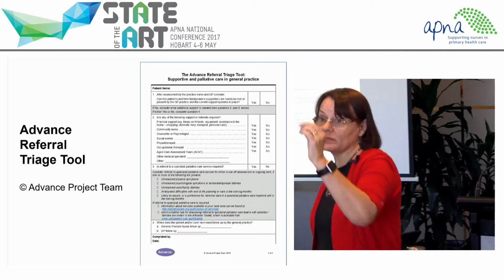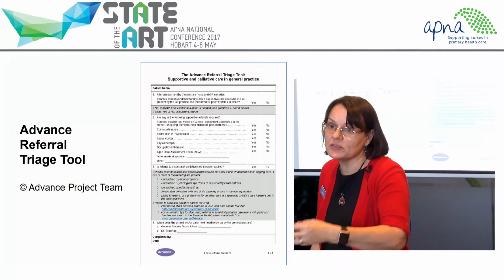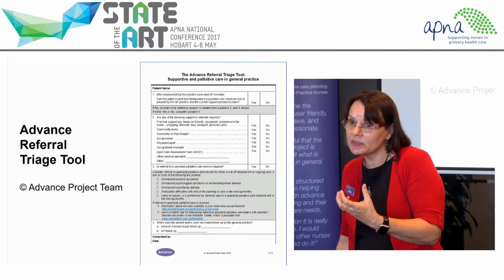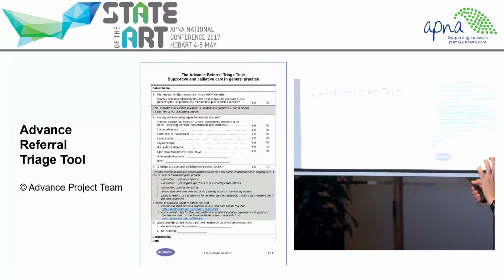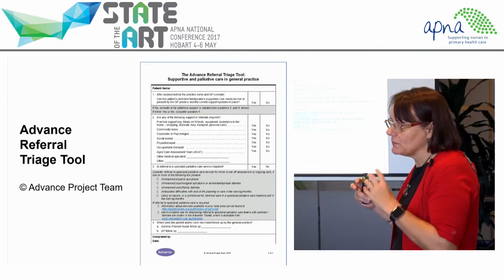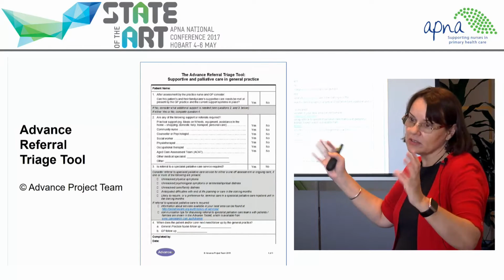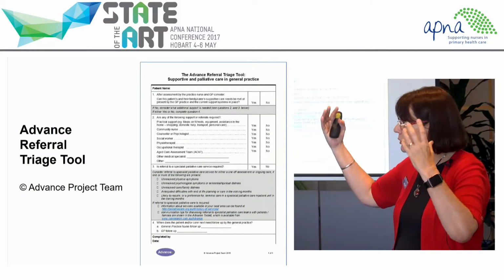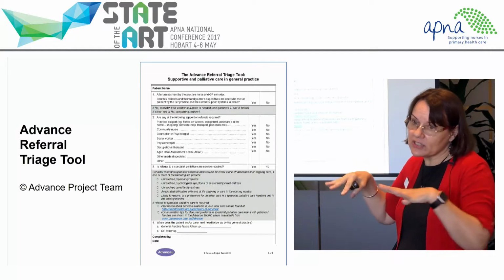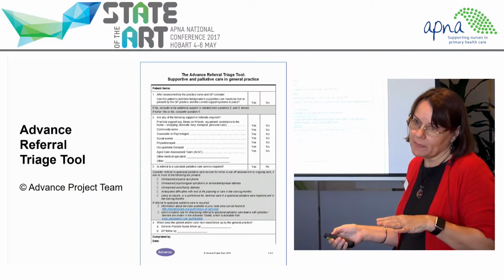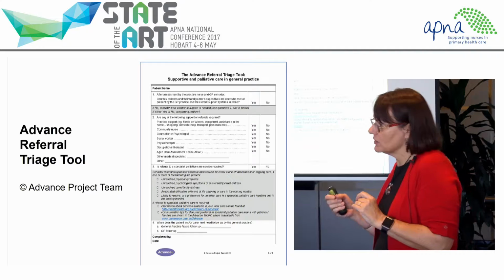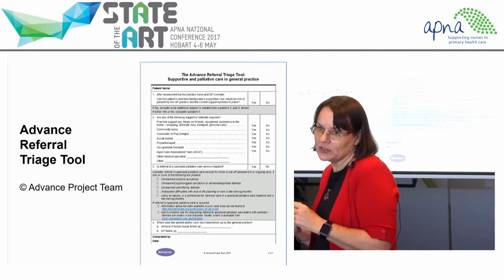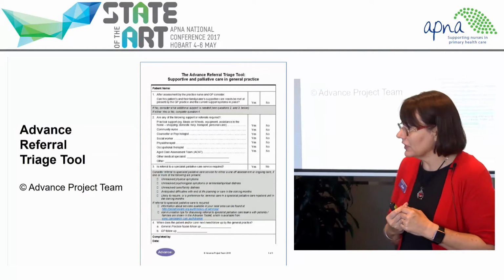That goes perfectly to the person who's by themselves and there's no one there to actually look after them. So they're triggers, they're guides to make you think that maybe we need to start linking in to either community support, OTs, or maybe let's look at specialist palliative care. Because when you're looking at pain and symptom management, the specialist palliative unit, the specialist palliative doctors, that's what they do really well.